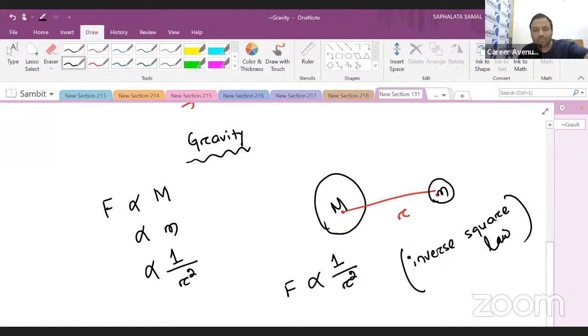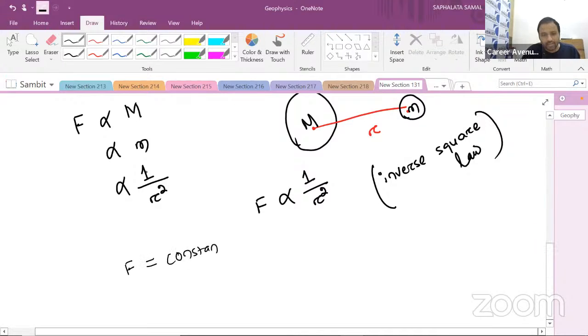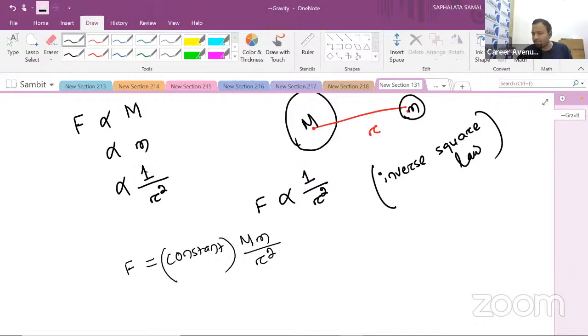Now, if I write the equation, I can remove the proportional sign by assigning a constant. So I can write F is equal to a constant, let me write the constant over here, into capital M into small m by r squared. All of you must be aware of this concept, how to remove the proportionality symbol, no?